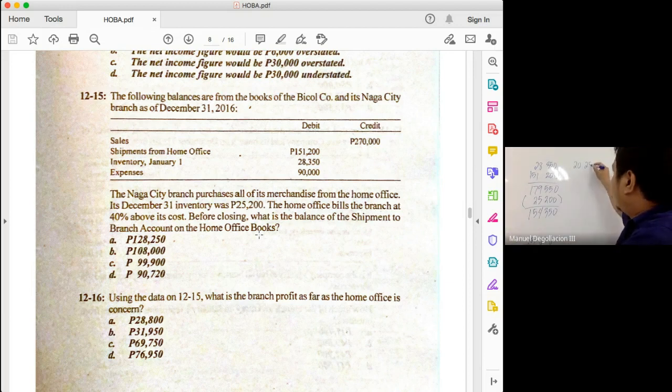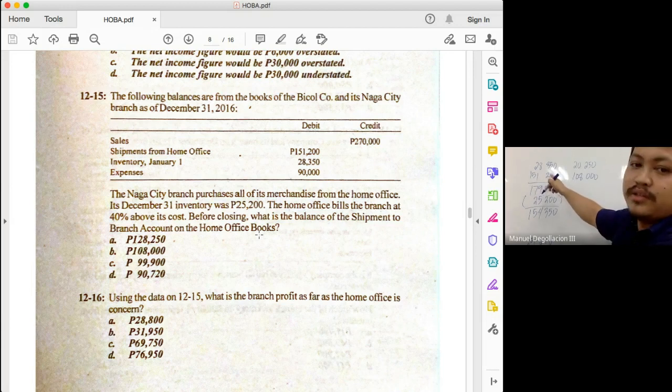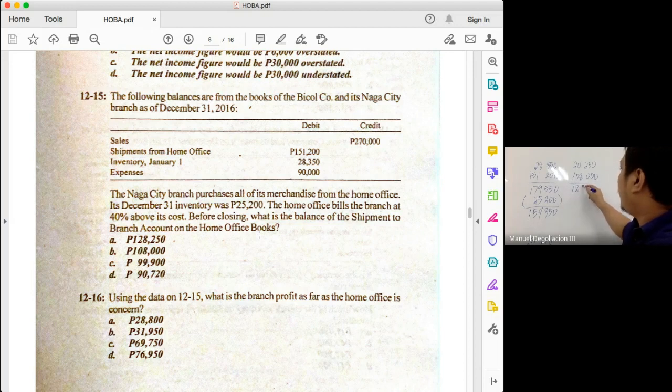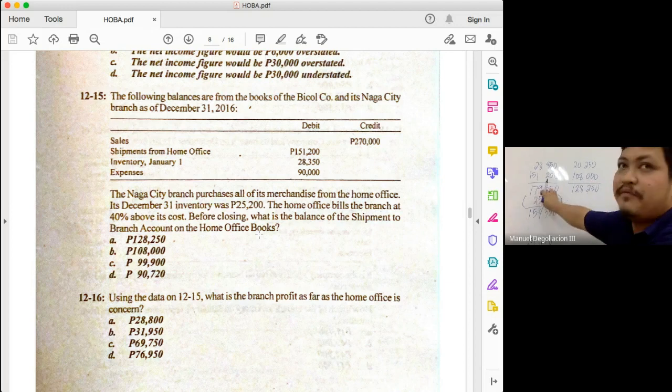Next, the shipments to branch we solved before, which is 108,000, which was 151,200 divided by 140%. You add this, you would get 128,250. Or alternatively, class, simply divide 179,550 by 140%. That should still give you 128,250.